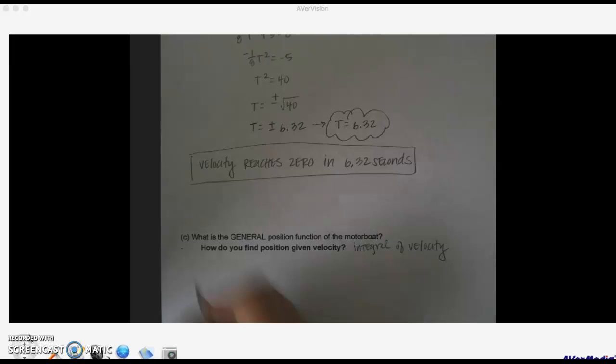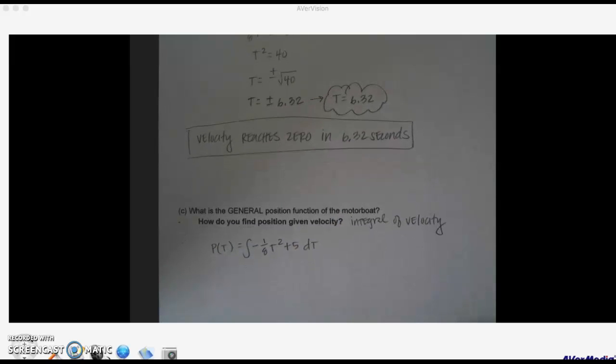So we'll say p for position at a certain time is equal to the integral of our velocity equation, which was -1/8 t squared plus 5, again with respect to t.